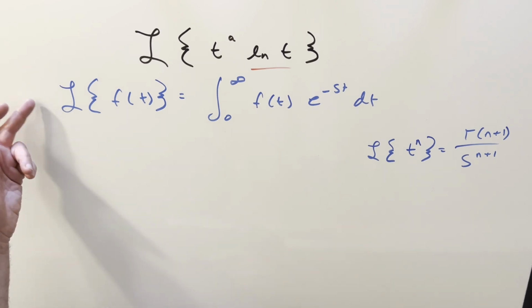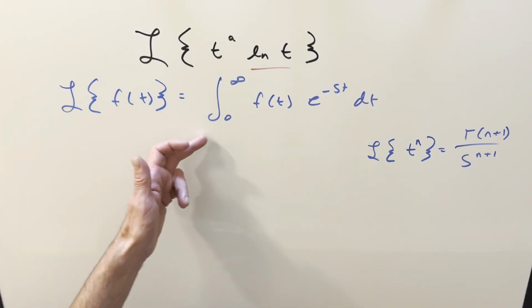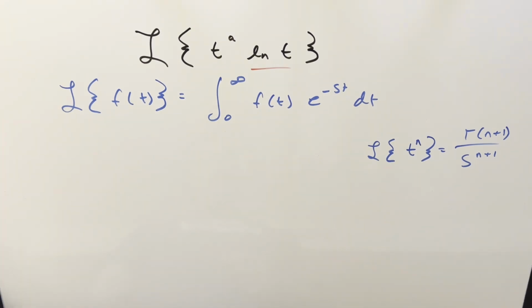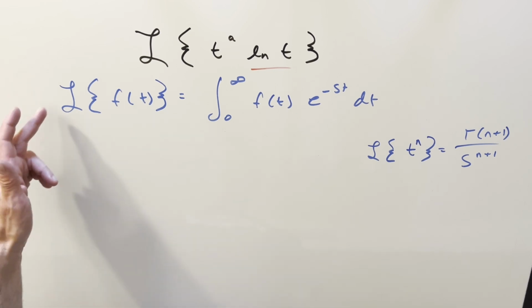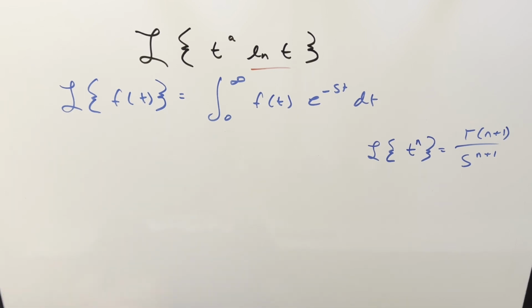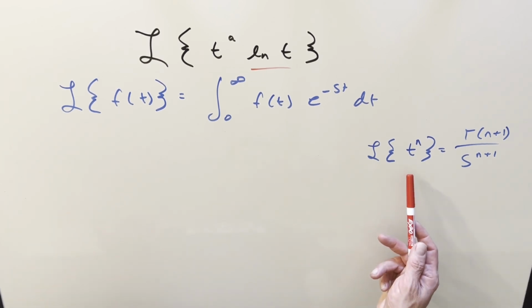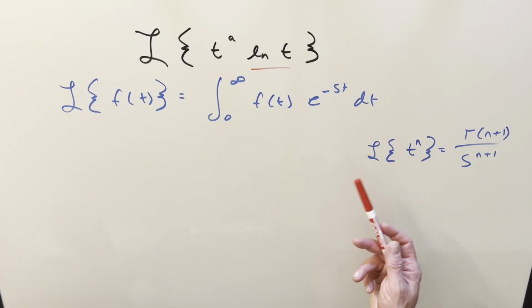Just for review, we have the definition of the Laplace transform right here, putting it in the form of an integral. If you want some background on the Laplace transform, I'm not going to get too far into it because I've got a pretty extensive playlist, so I'll put that in the description if you want to review or see where some of these formulas are coming from. One important formula we'll use is this one over to the right, just like we used on polynomials, where n doesn't necessarily have to be an integer.